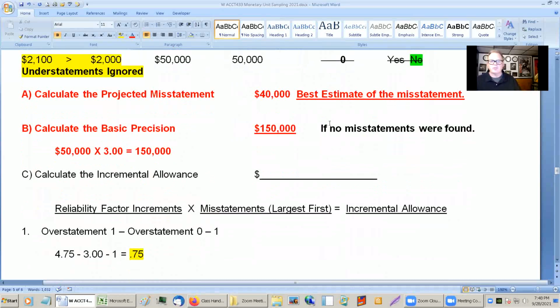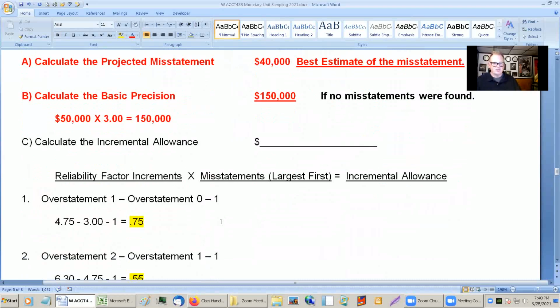So the first increment is going to be 0.75 times 30,000 equals some number.